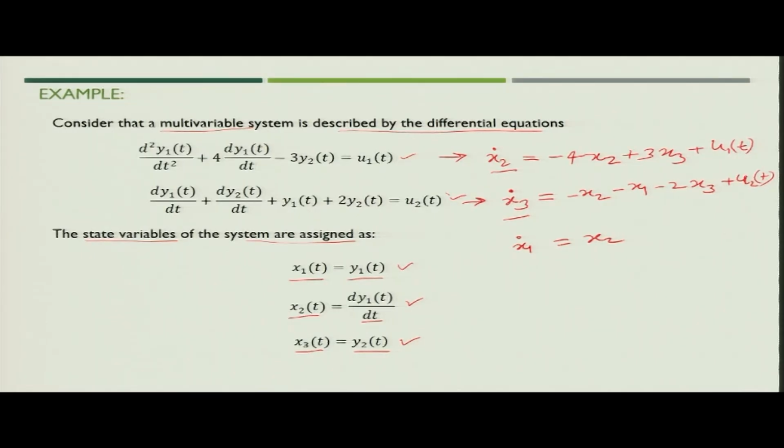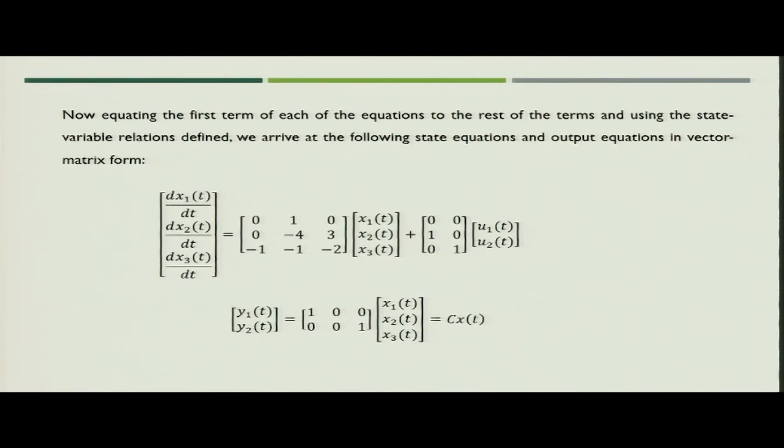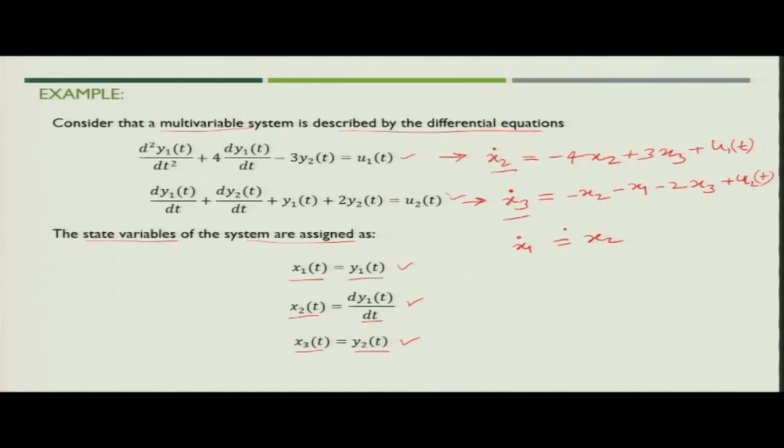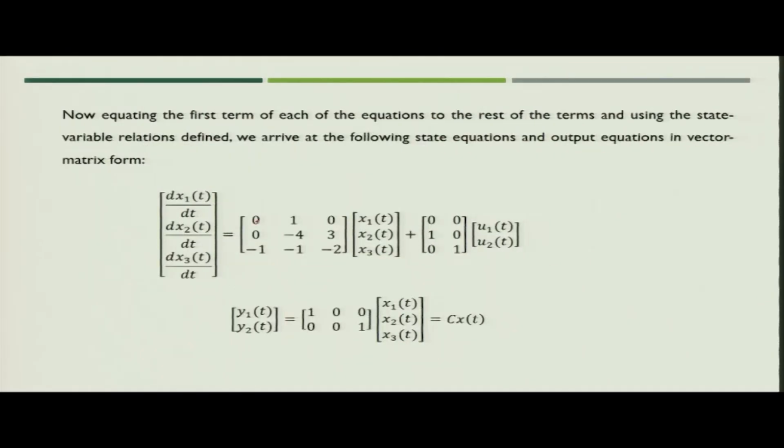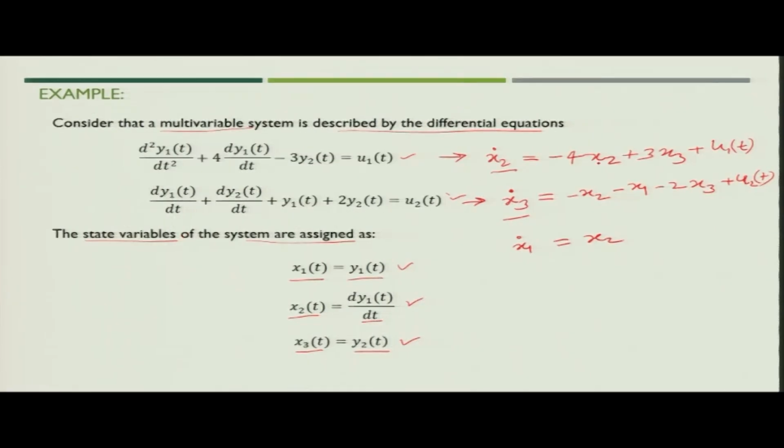If you compile it into the matrix form, what you can write? So, that is x1 dot, x2 dot and x3 dot equal to, if you take the coefficients using these three equations. So, for x1 dot you can write 0 1 0 because only x2 is the component. For x2 dot you can write minus 4 x2 plus 3 x3.